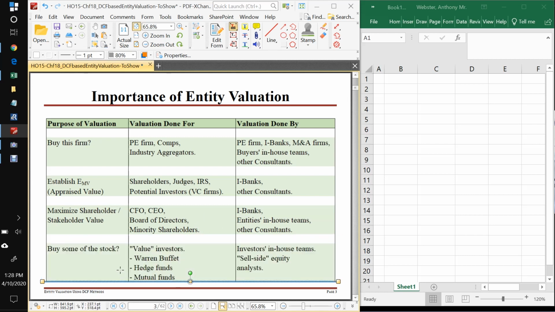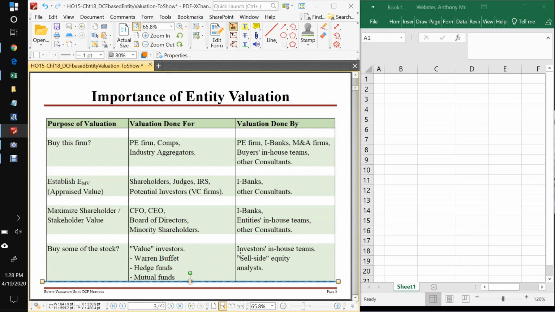Another time we want to know the valuation of an entity is simply if we want to know, should we buy some shares of the stock of the company? And we've seen the types of investors that want to do this, and do this, in fact, all the time. Typically value investors, like, for example, Warren Buffett. Hedge funds do this all the time. Should we buy 5% of the shares of Google, yes or no? And mutual funds do this all the time.